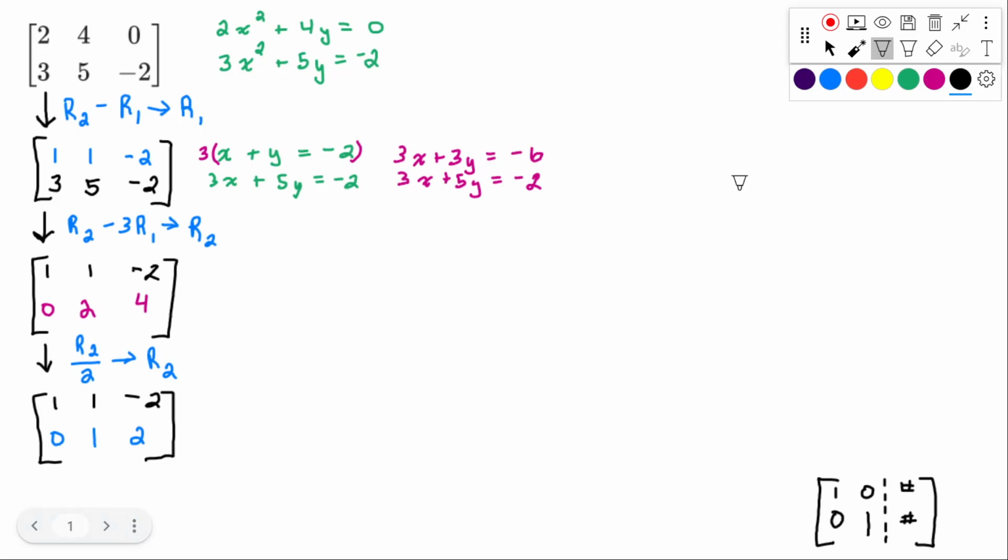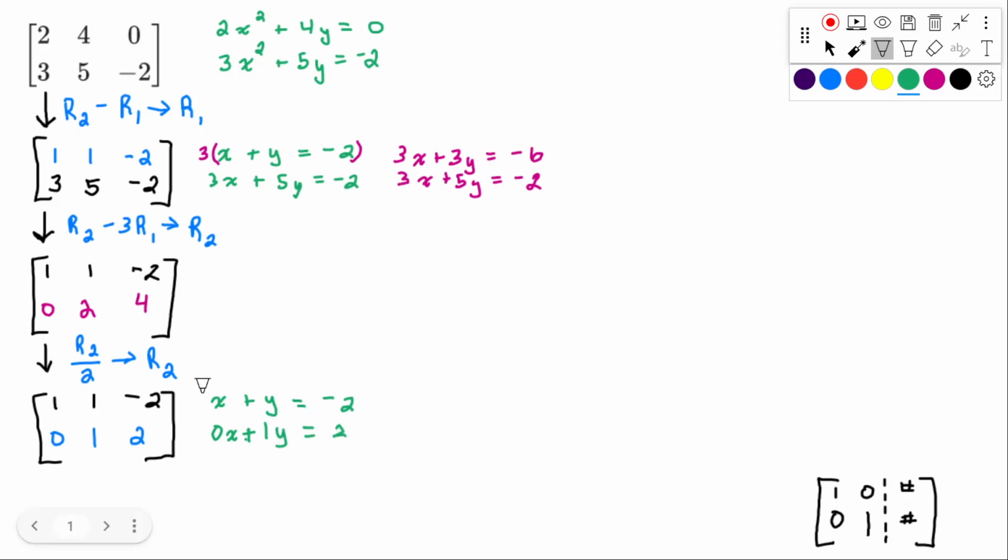Well, if I look at the system that this matrix is representing now, I have x plus y equals -2, and then I'm going to have 0x, I'm just going to have the number there, plus 1y equals 2.